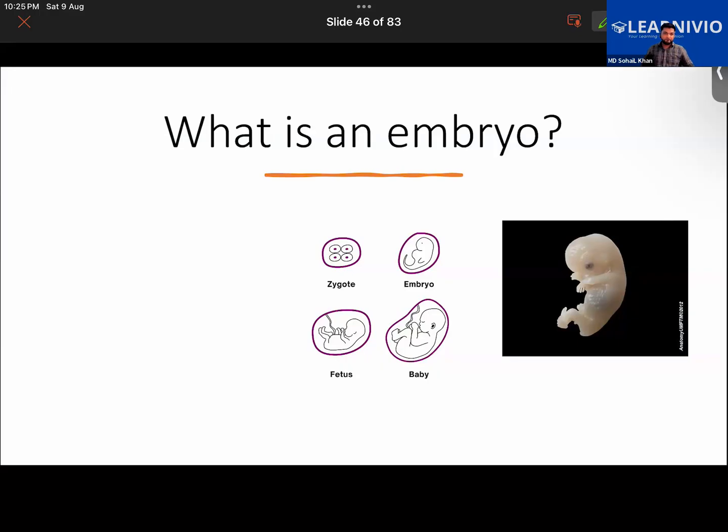It's that stage of the development of the zygote where a group of cells develops into different tissues and starts to form organs. But at this stage, the parts of the body like hand and leg are not much identifiable.